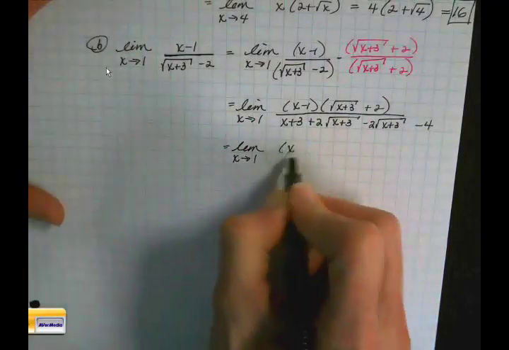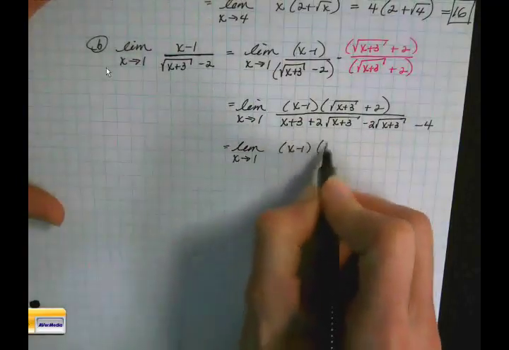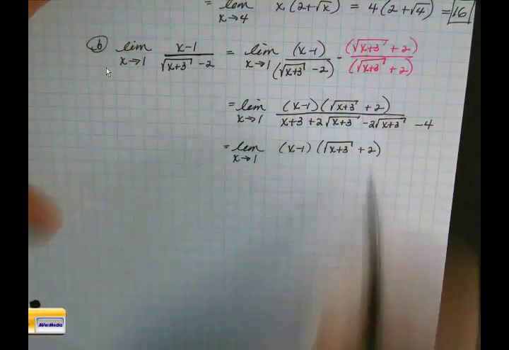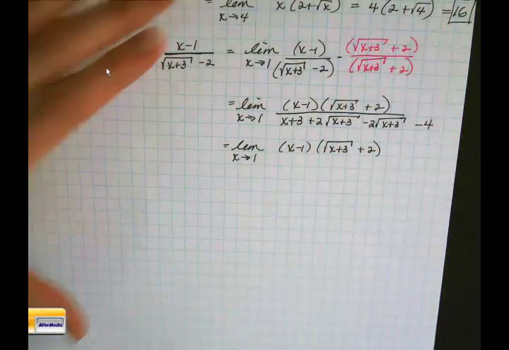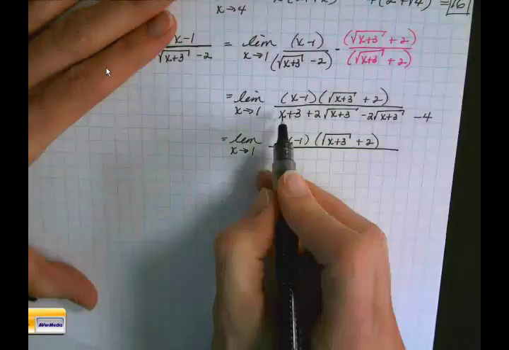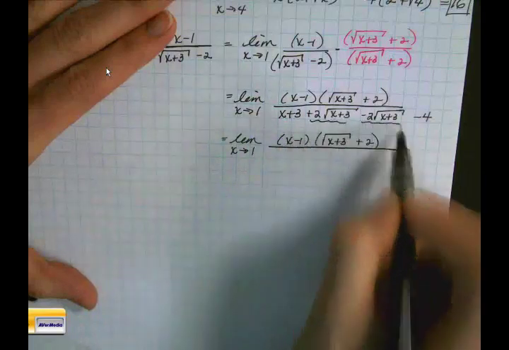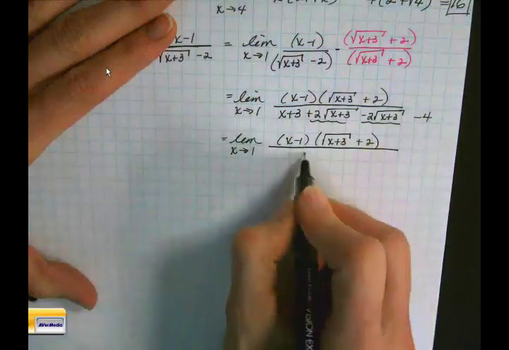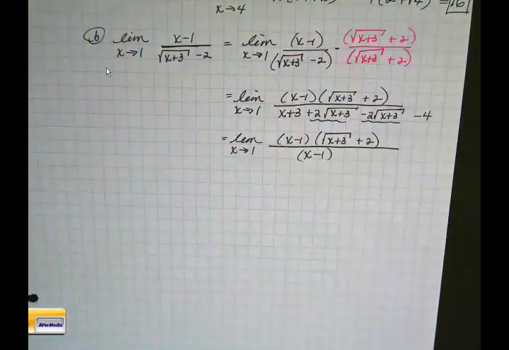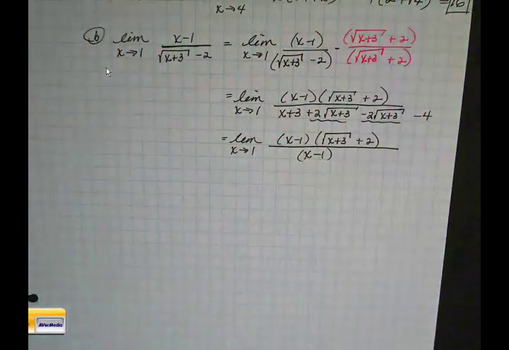Okay, I'm not going to change the numerator. I'm going to leave it alone. At some point, I might have to do something with it, but for now, I'm going to leave it alone and hope that something will cancel. So this denominator is now x plus 3. These two guys zero out. x plus 3 minus 4, which, good, is x minus 1. Which is what we kind of wanted to have happen.